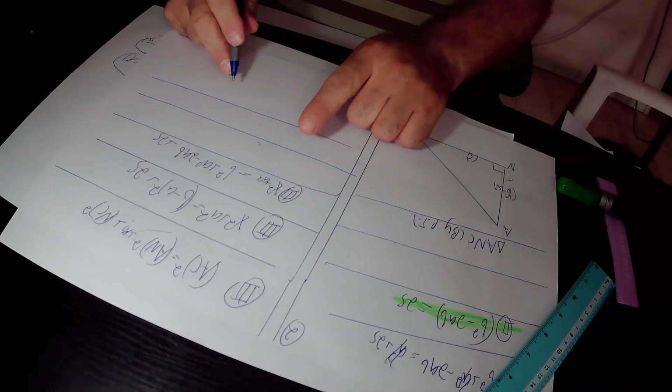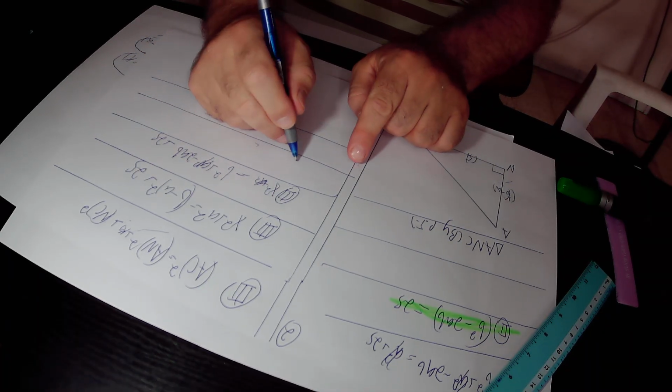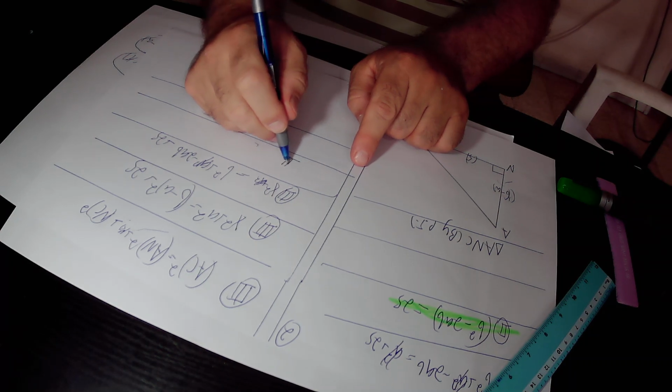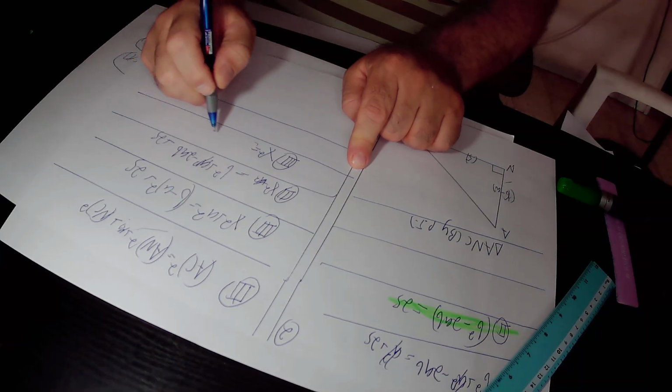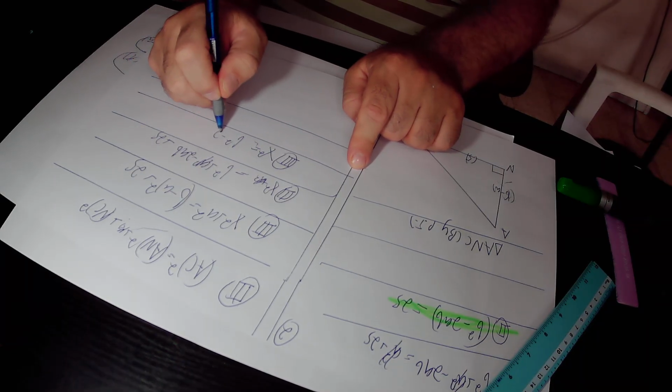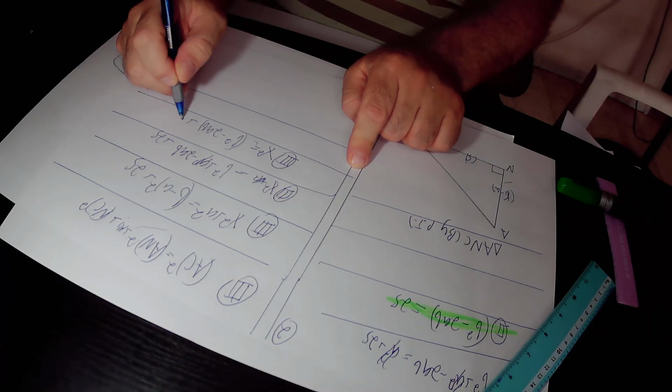Here we have a squared on both sides of the equation, so a squared will cancel. We will have x squared on one side, and on the other side we have b squared minus 2 times ab plus 25.